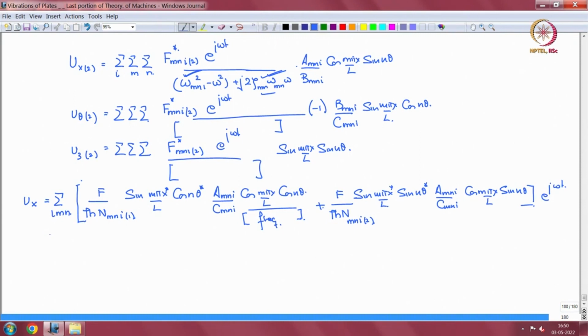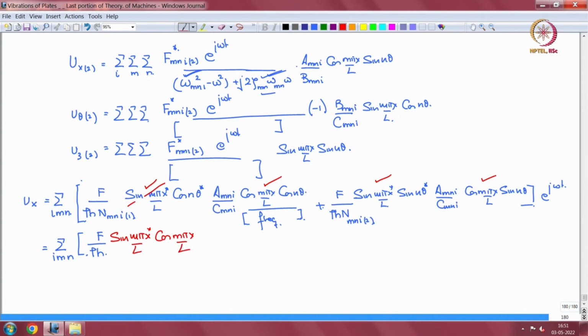If we take common, we have sigma I m n, f by rho h, sin m pi x star by L, cos m pi x by L. We can take it out.